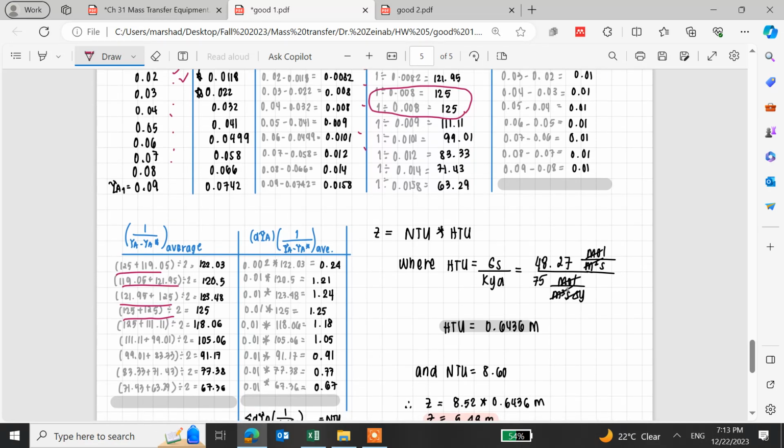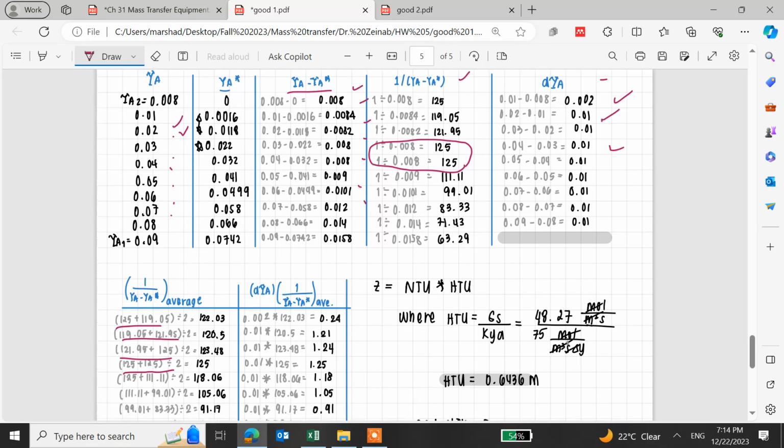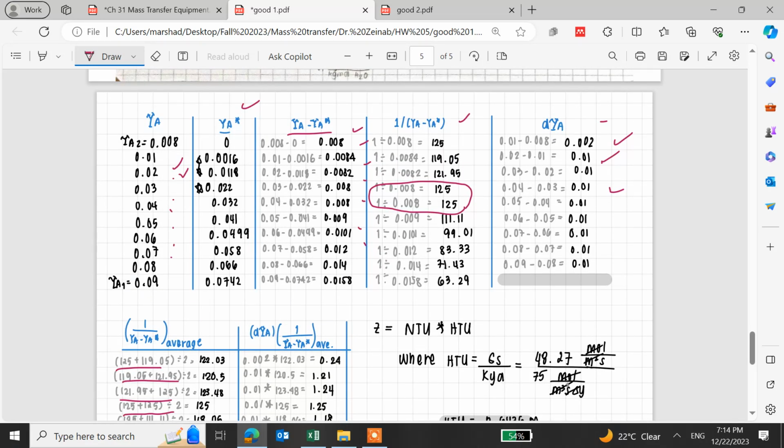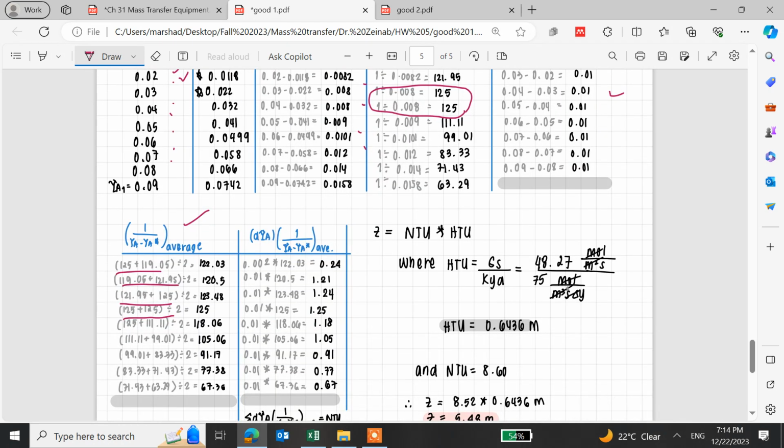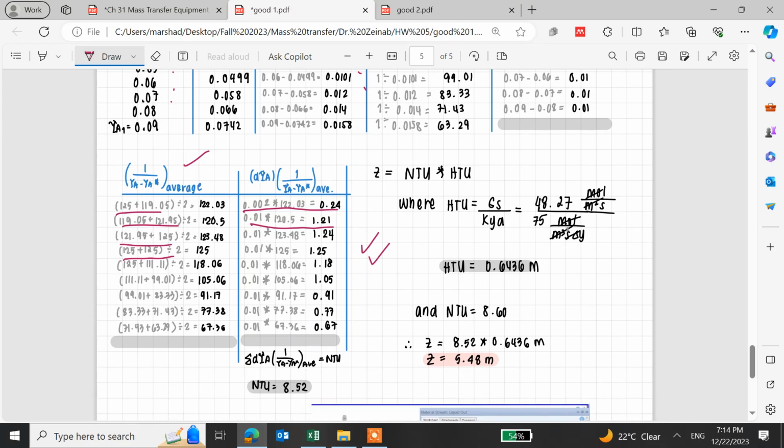So these averages are calculated, and then delta y is there. What you do, you multiply delta y times the average of this. You can see it's very clear here. Then you find the sum, you add all of them, and that's your NTU.